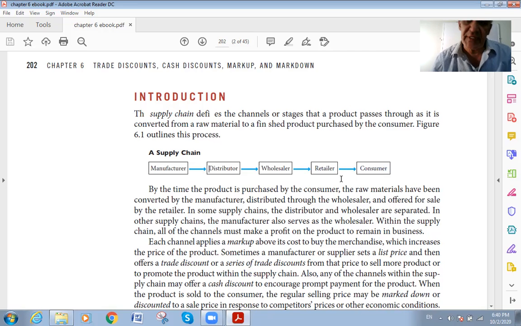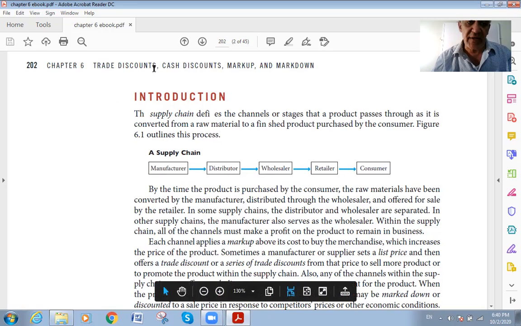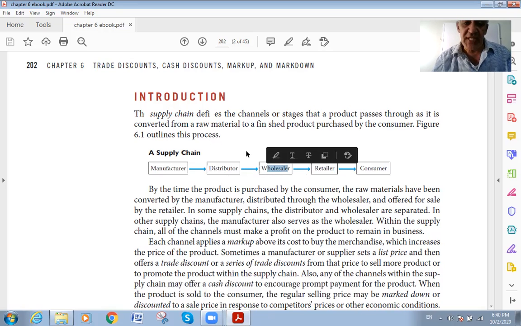In each transaction, the manufacturer gives the distributor a trade discount, the distributor gives the wholesaler a trade discount, the wholesaler gives the retailer a trade discount, and the retailer gives the consumer a trade discount. When you buy sunglasses, the seller will tell you, if you take it now, I will give you 20%. So if it's $10, you will take it for only $8, because of the discount.